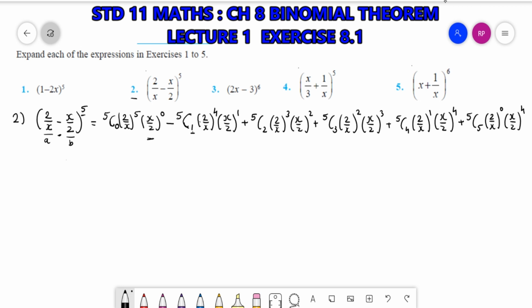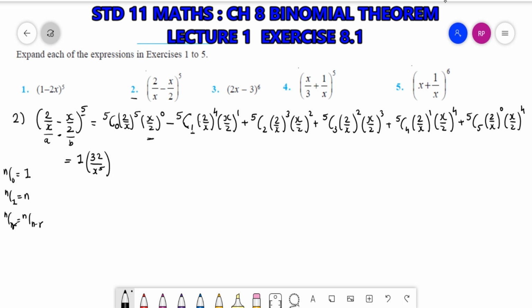Okay, so this will be equal to 5c0. We are in shortcut, so we'll use a shortcut: nc0 equal to 1, nc1 equal to n, and ncn minus r equal to ncr. Clear? So first 5c0, 1, 2 by x, so 2 raised to 5, that is 32 upon x raised to 5.